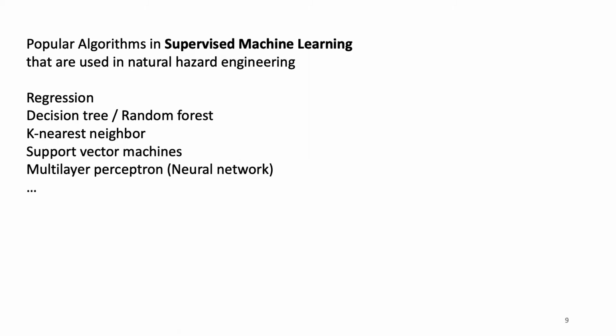So the ability to precisely classify observations is extremely valuable for various natural hazard engineering applications, like predicting whether a building would collapse during an earthquake, or forecasting the wave height of a storm surge. And the popular algorithms in this family include, for example, regression, decision tree, random forest, k-nearest neighbor, support vector machine, and neural network. So we're going to cover this topic later.